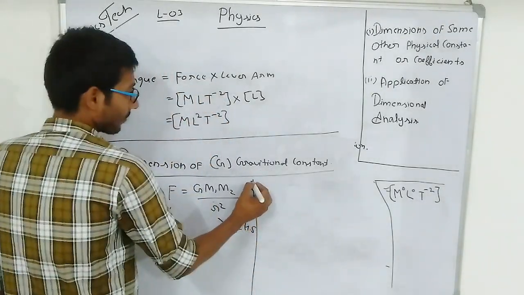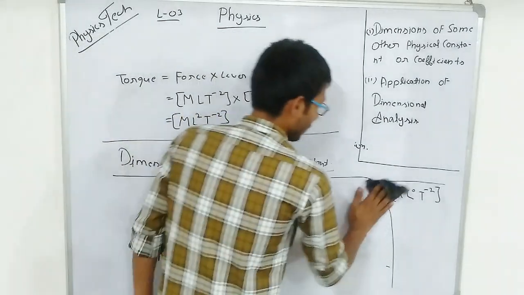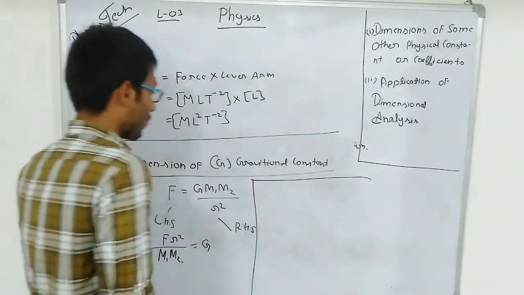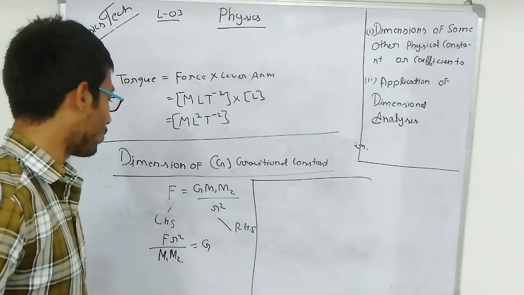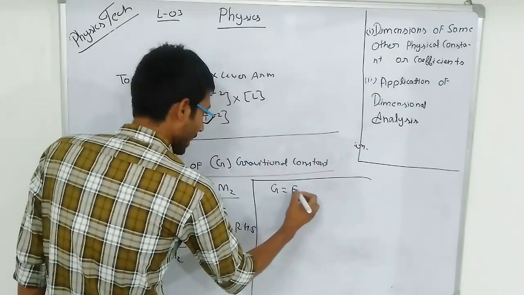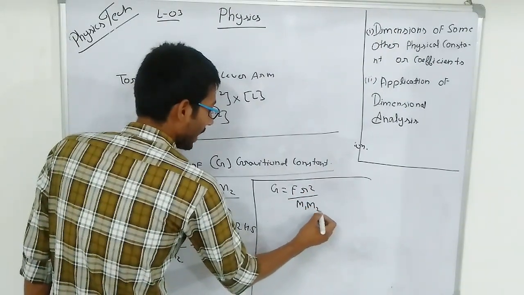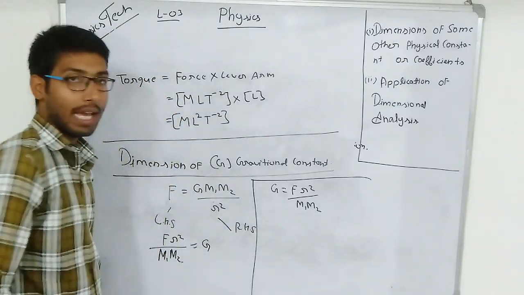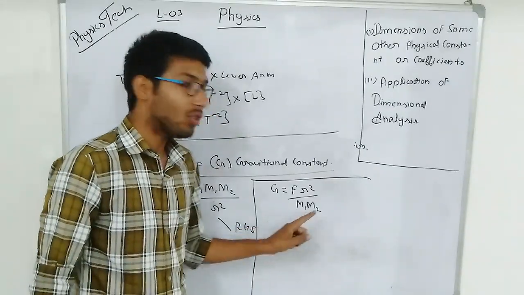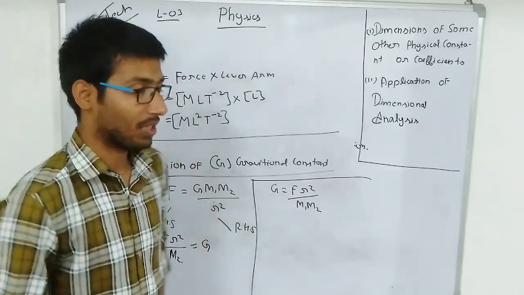So G is equal to F r square upon m1 m2, where F is the force, r is the radius, m1 is the mass of one object, and m2 is the mass of the other object.